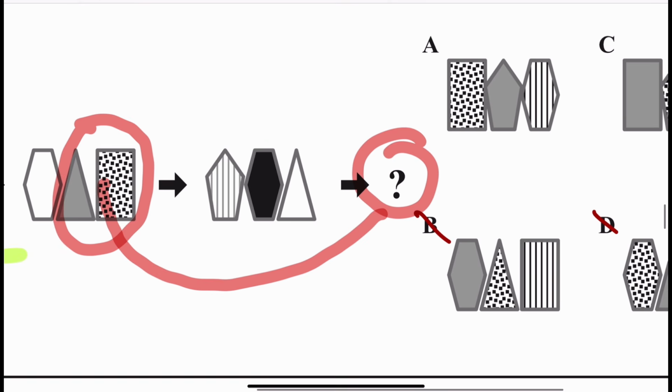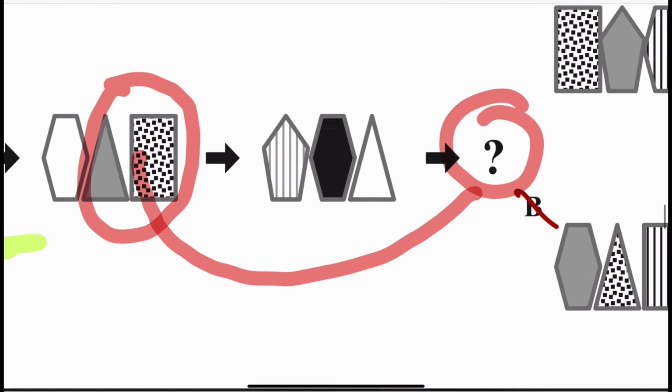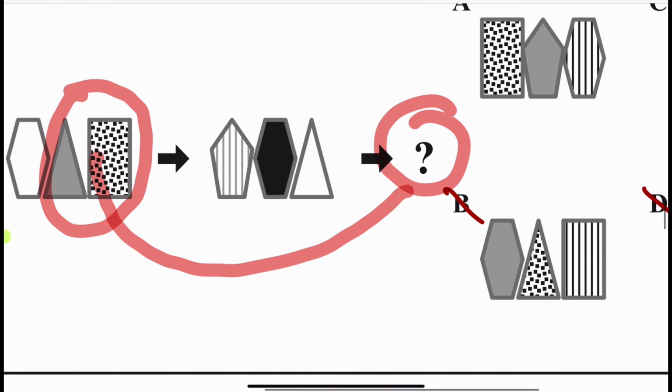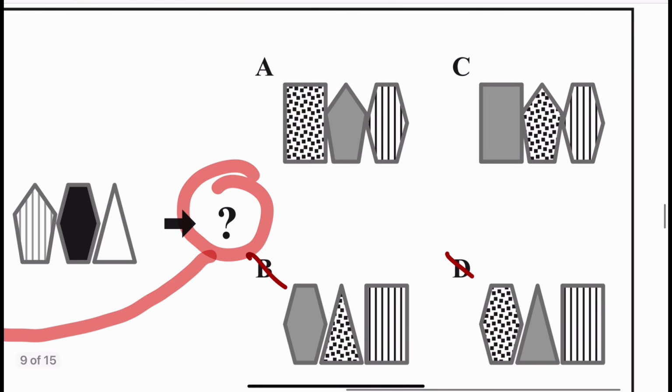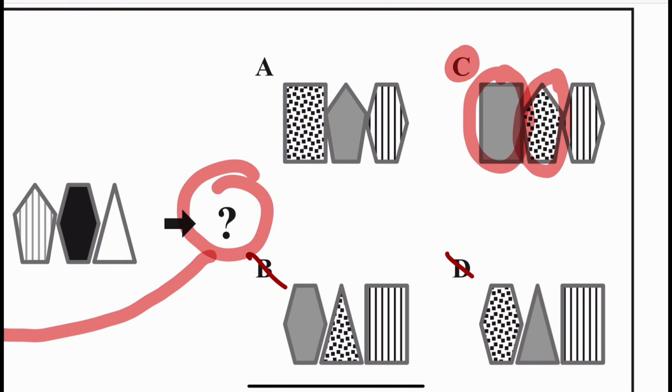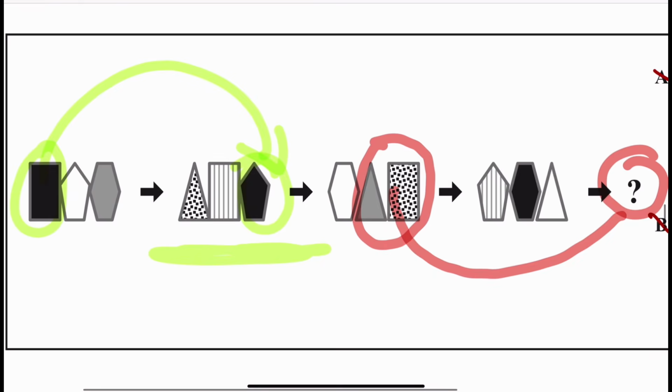So the first two shapes should have a shaded gray and a dotted pattern respectively. So C is our answer because it has a shaded gray rectangle and a dotted pentagon. So C is our answer, okay? So you have to notice that alternating pattern with these changing colors, okay?